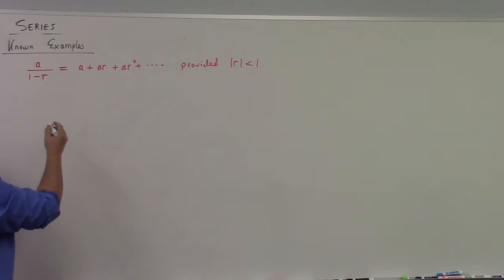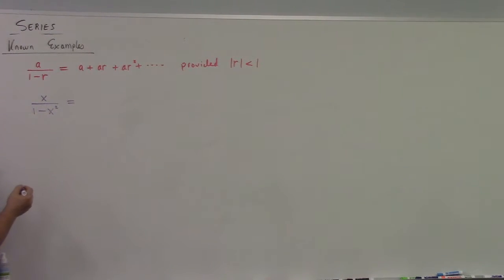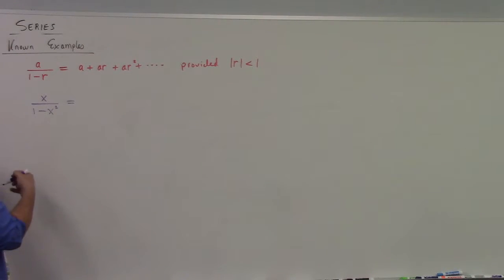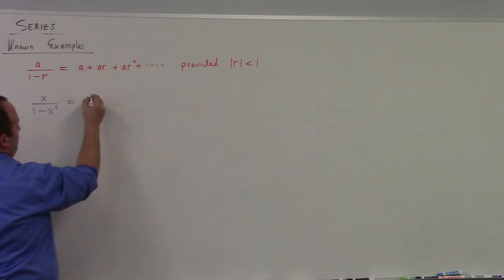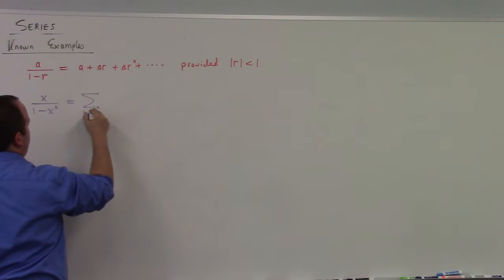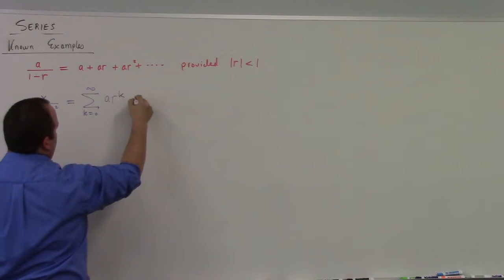Simple one, something like x over 1 minus x squared. What is that equal to? Well, here I identify a is equal to x, r is equal to minus x squared, right? So this is the sum k equals 0 to infinity of a r to the k.